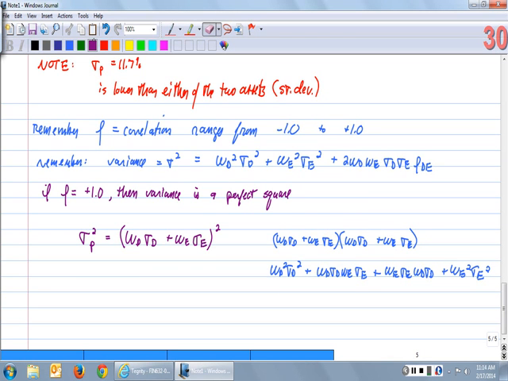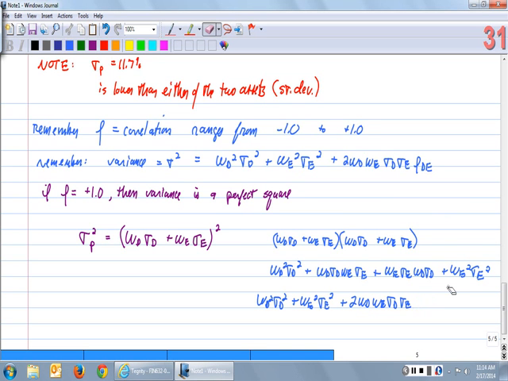When you collect and simplify it, you get WD squared sigma D squared plus WE squared sigma E squared plus 2 times WD WE sigma D sigma E, and that's exactly what our variance is if the correlation is positive 1, because normally we would multiply this by the correlation between asset D and E, but if the correlation is positive 1, we don't need to include it.